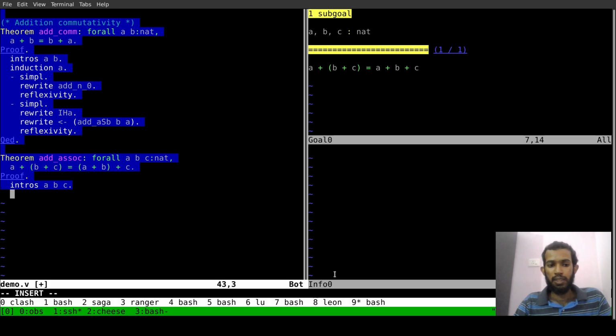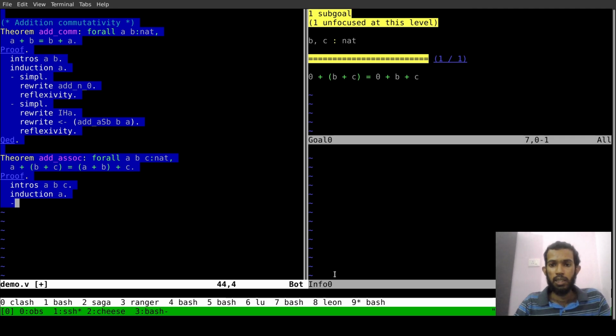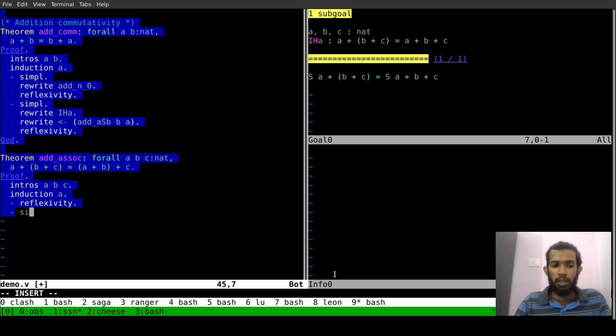Alright, in this scenario, what I would say is start with induction on the first number. And okay, now we got two goals. And that's trivial. A simple tactic combined with reflexivity can make short work of that. And let's see what it will reduce to. Yeah, right.